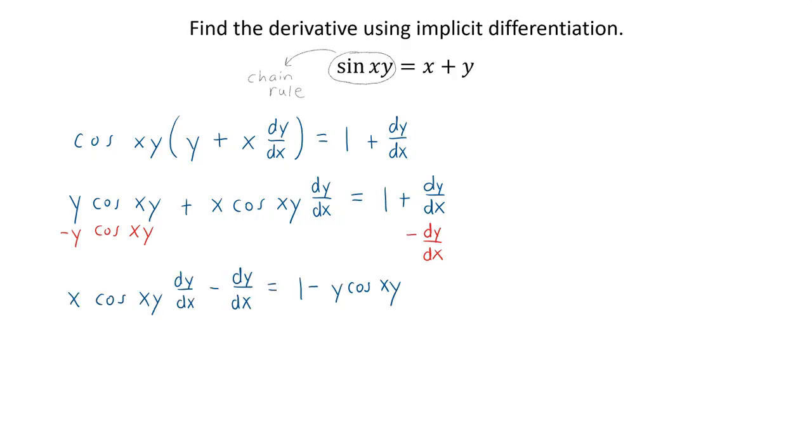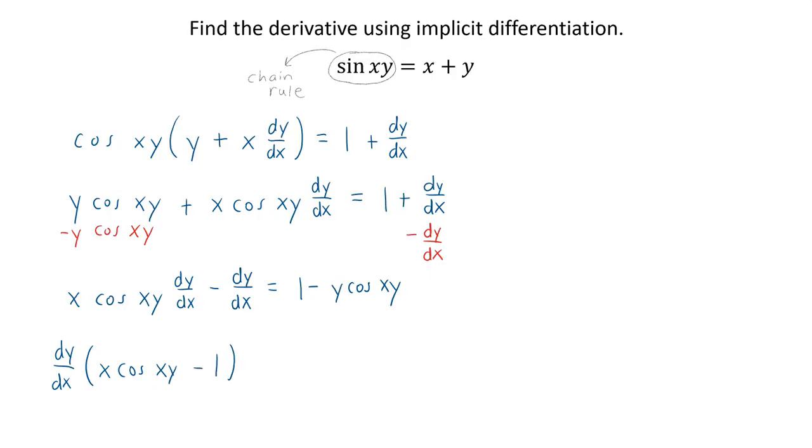That gives us the equation x cosine xy times dy over dx minus dy over dx equals 1 minus y cosine xy. Now we'll factor dy over dx from both terms on the left side of the equation. Factoring dy over dx from the first term on the left gives us x cosine xy.